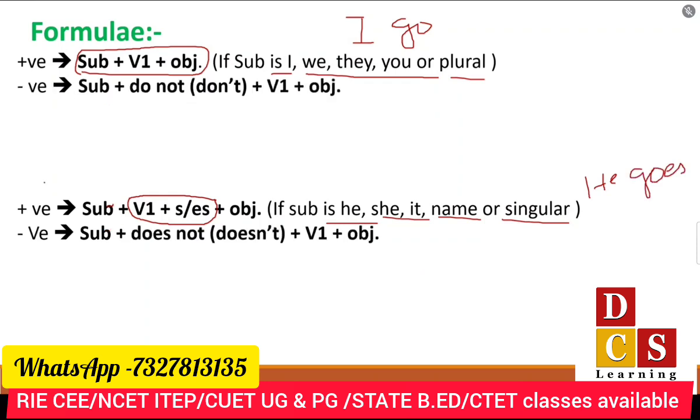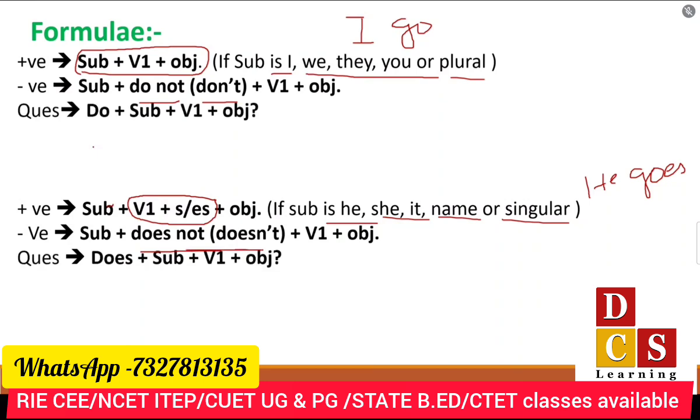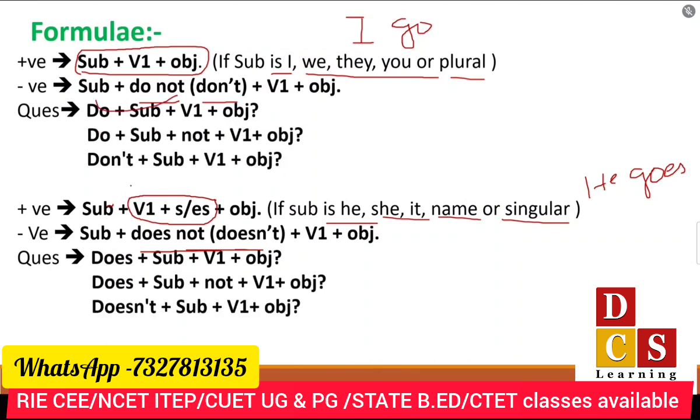If it's a negative sentence, you have to use do not or don't; here doesn't or does not. If it's an interrogative sentence, a question, then you have to use Do first, then subject, then verb, and then object. Or you can also write Don't, then subject, then verb, then object.